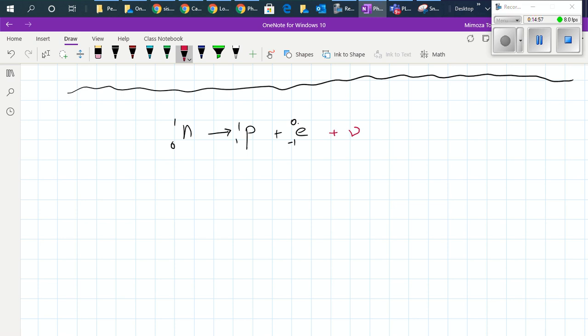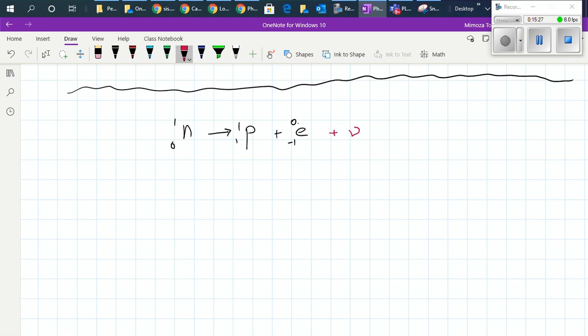The neutrino particle is a massless particle, no mass. It looks like a photon and it is neutral, so no mass and no charge. Fermi called this particle neutrino, which means a neutral one.